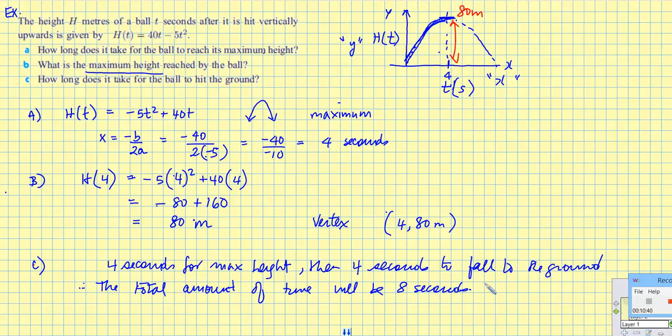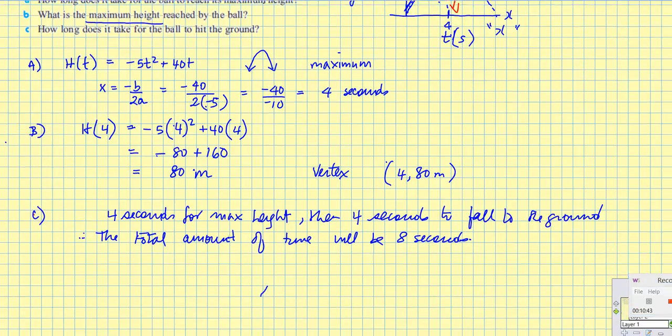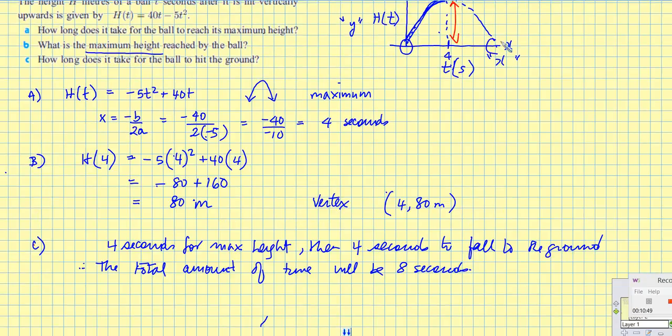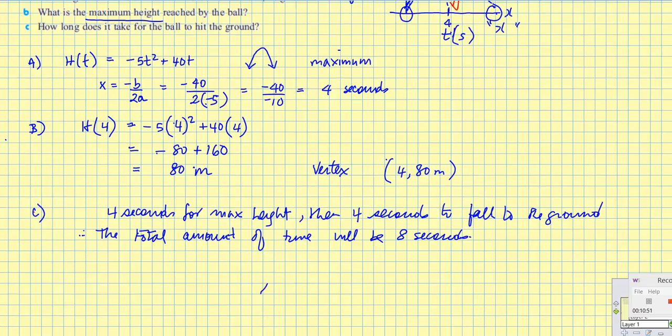Now, another way that this question could have been answered would have been to say, since we were looking for the x-intercepts here, then to find the x-intercepts, you let y equal 0.